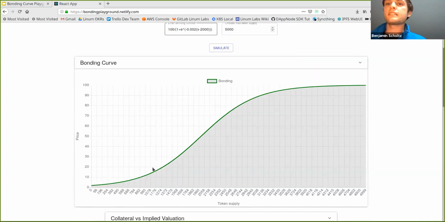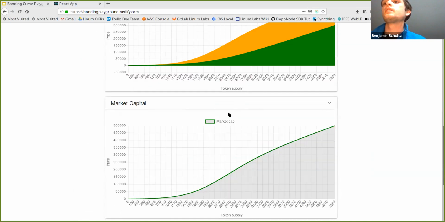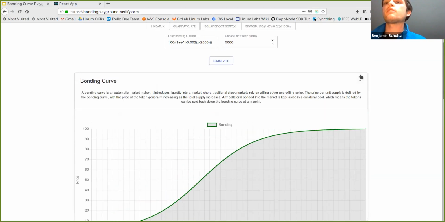So here we've got a basic sigmoid curve, and the idea is that as you go through all these different plots, you'll be able to get a basic understanding of what these plots actually are. Here we've got a basic description of bonding curves.